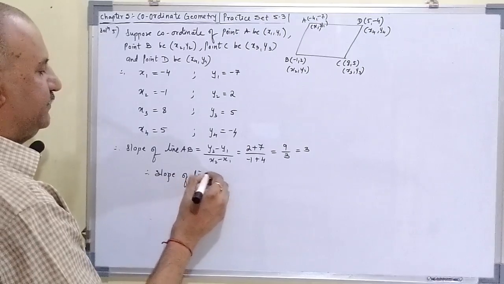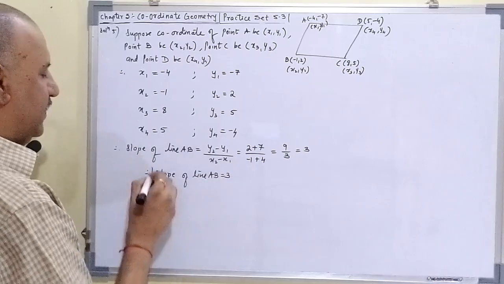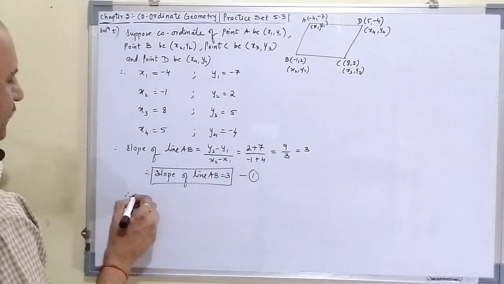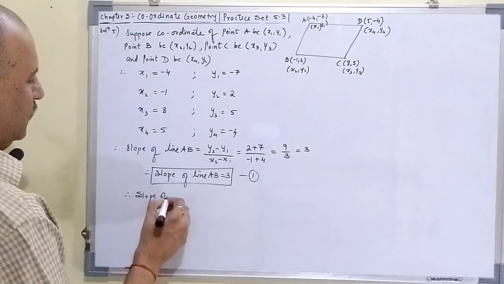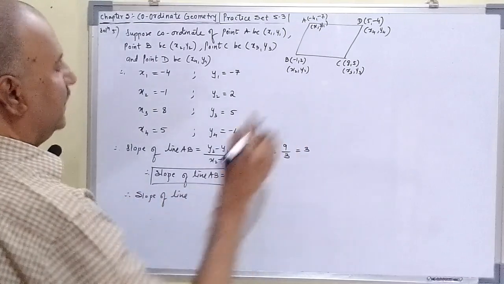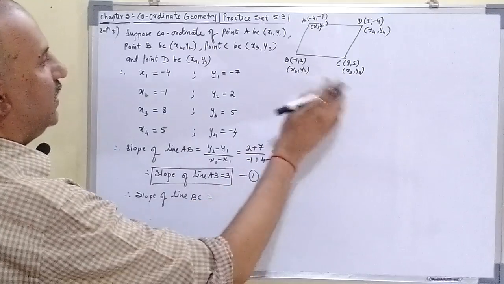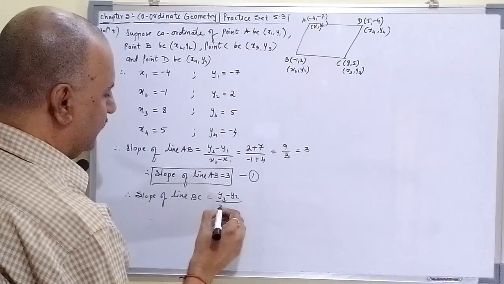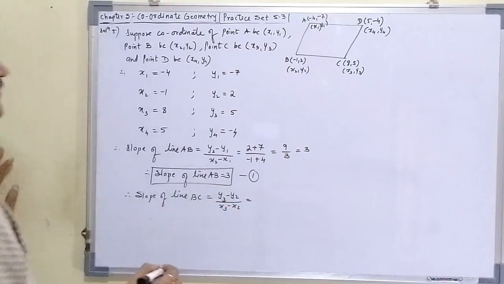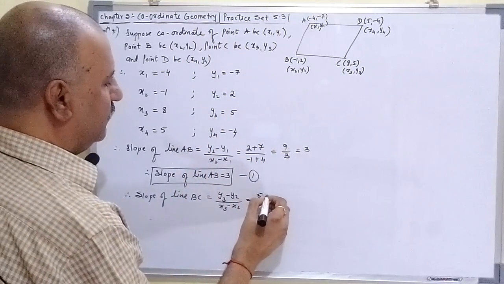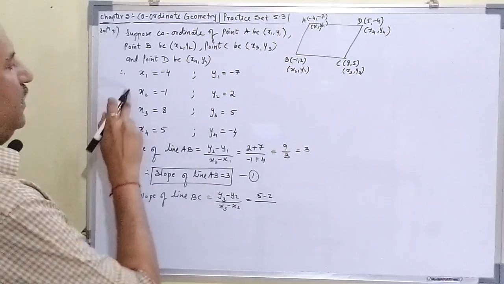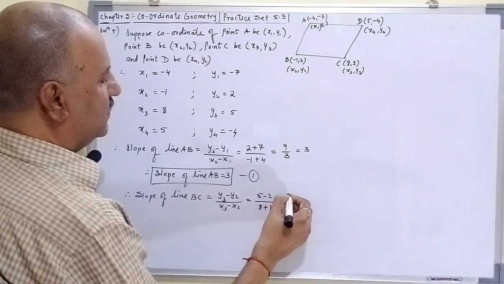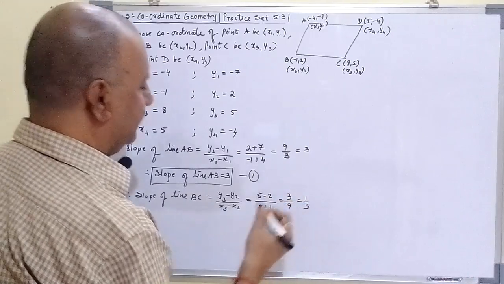Slope of line AB is 3. Therefore, go for next: slope of line BC. This is y3 minus y2 upon x3 minus x2: 5 minus 2, upon 8 minus minus 1, which is plus. So this is 3 upon 9, which is 1 upon 3.